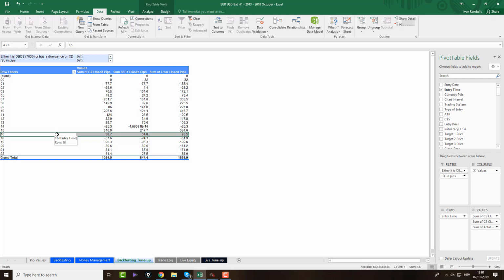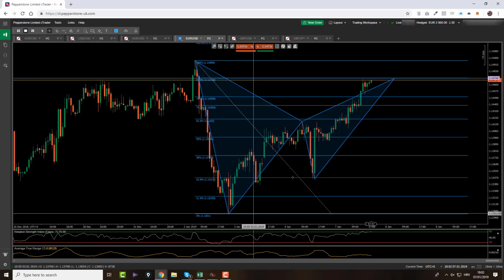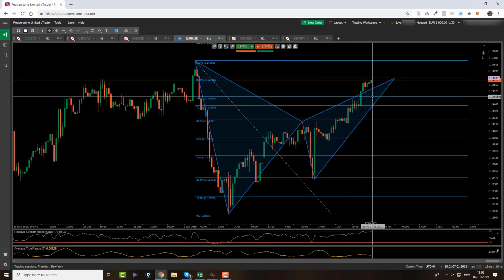That's it. After this, if I'm not in a trade, I will cancel my orders and I won't be trading it. That's the reason why I'm not taking this bat.